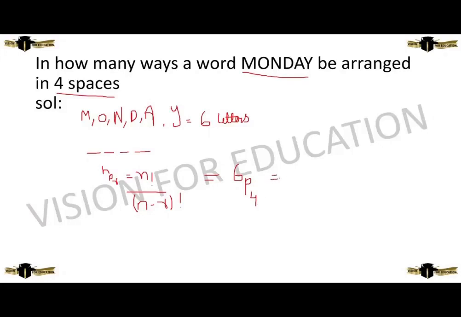6P4 is equal to 6 factorial by (6 minus 4) factorial.